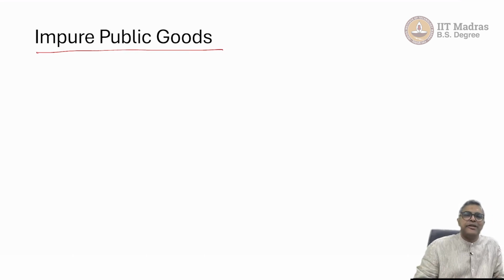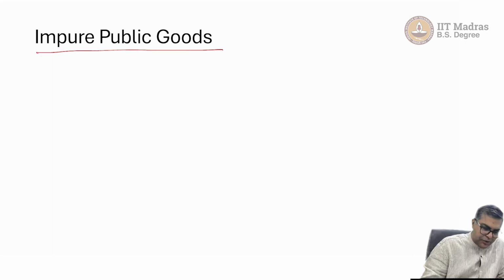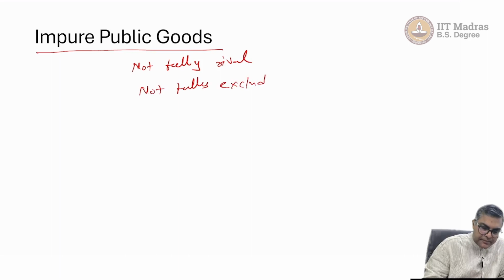When a good is not fully non-excludable or not fully non-rival, we are in the realm of impure public good.